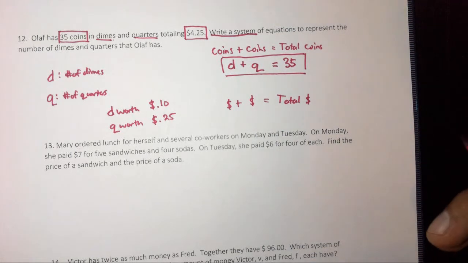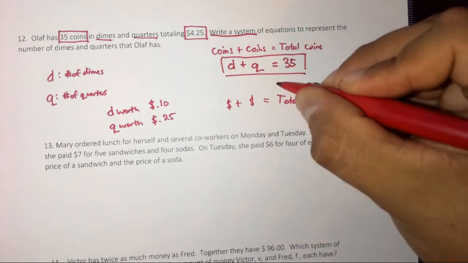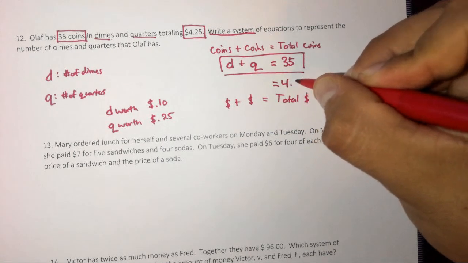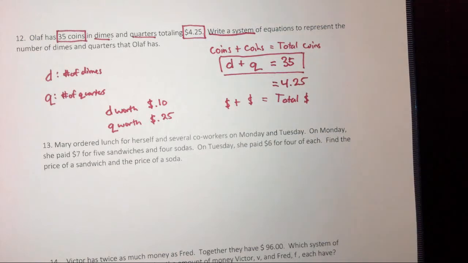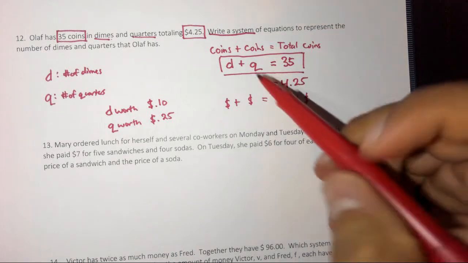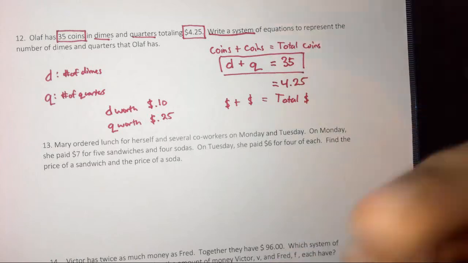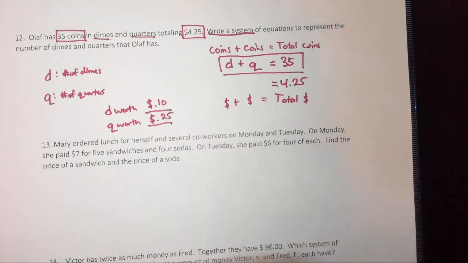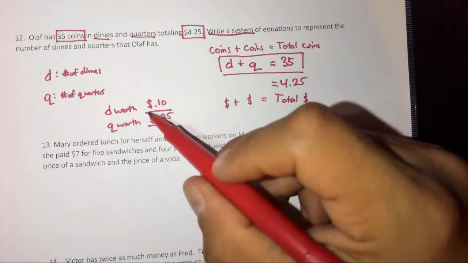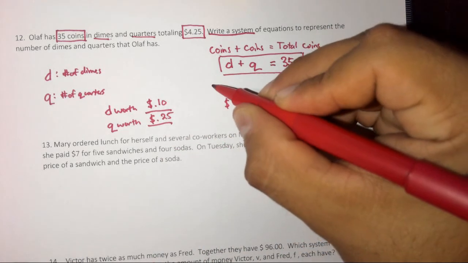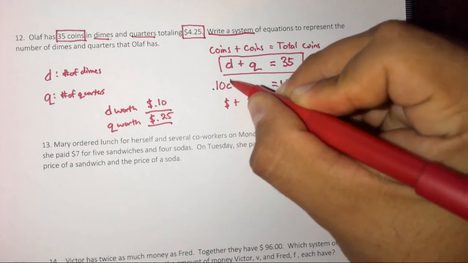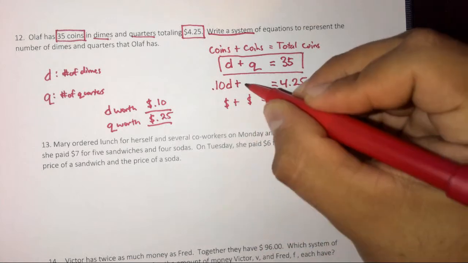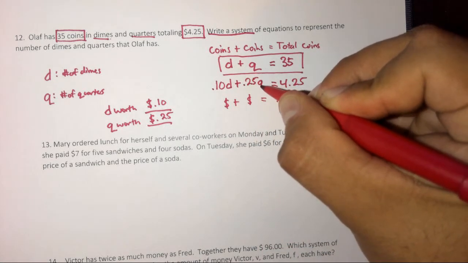My second equation is going to be with my money. So I'm going to start at the end over here, with the total. My total money is $4.25. Now, with the dimes and the quarters, I'm going to assign the value to each of these because now we're talking about money. So I'm going to put that into my equation. 10 cents per dime, so I'm going to write that as 0.10D, plus 25 cents per quarter, so 0.25Q.